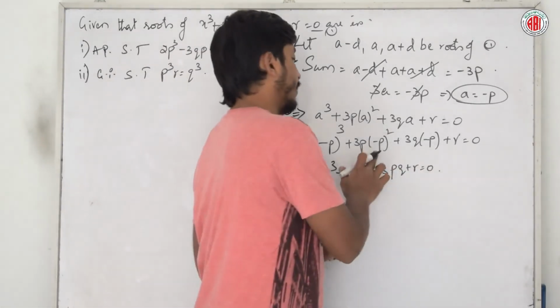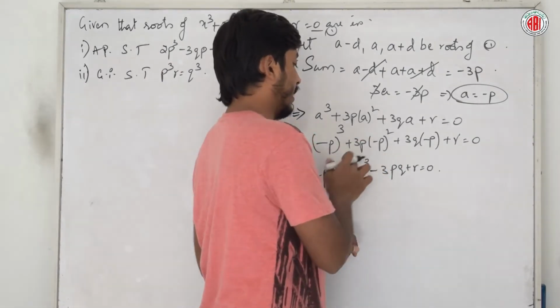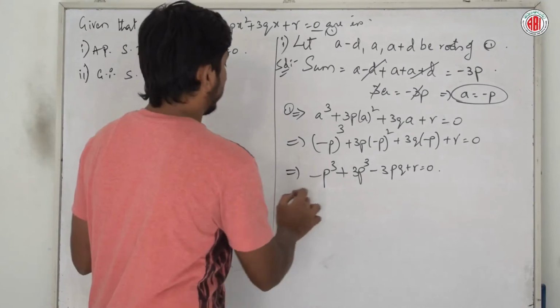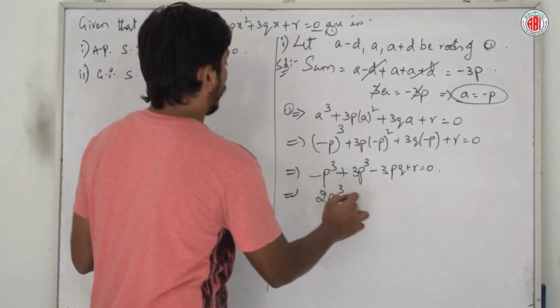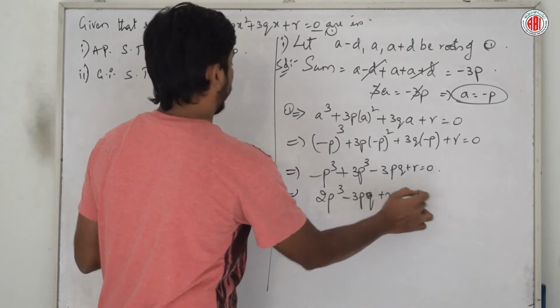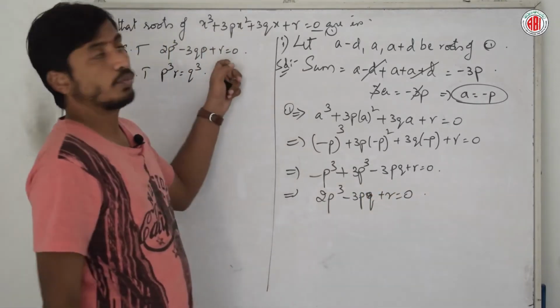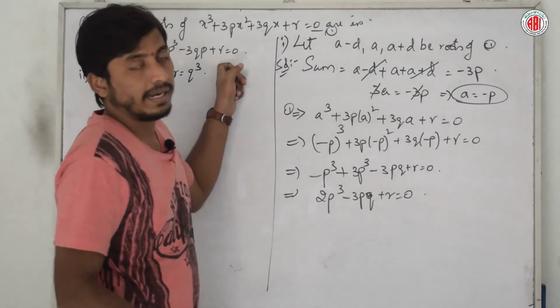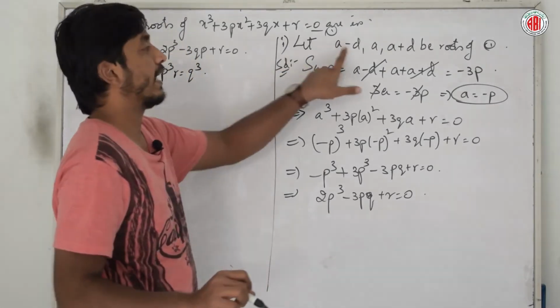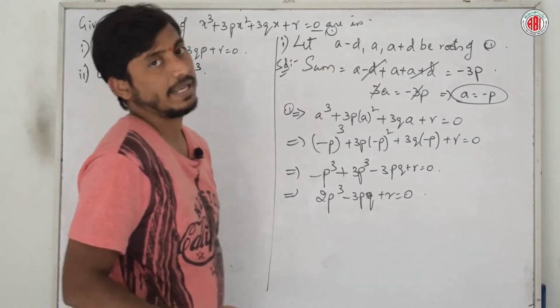Here it is p square into p is p cube. Now just tell me 3p cube minus p cube is 2p cube minus 3pq plus r. That is what they asked us to prove, isn't it? But you have to remember, like he gave that the roots are in AP, obviously we will take it as a minus d, a and a plus d.